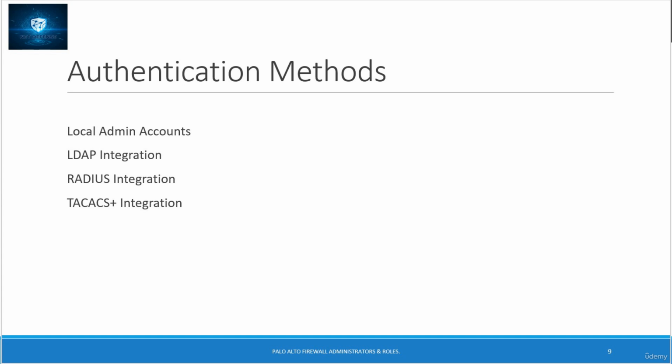Then you have LDAP integration, commonly used in enterprise environments. Then you have RADIUS integration, ideal for centralized authentication and accounting. Then last but not least, you have TACACS+ integration, preferred in some Cisco heavy networks. These external systems can be integrated through authentication profiles, offering both security and scalability.